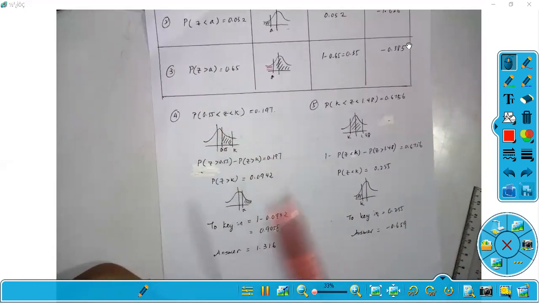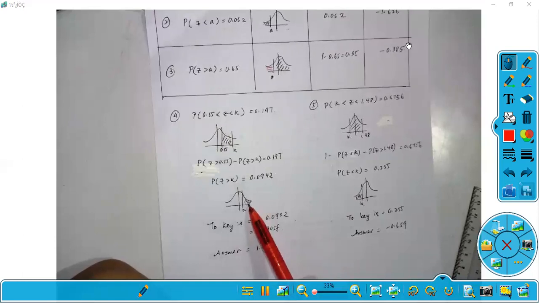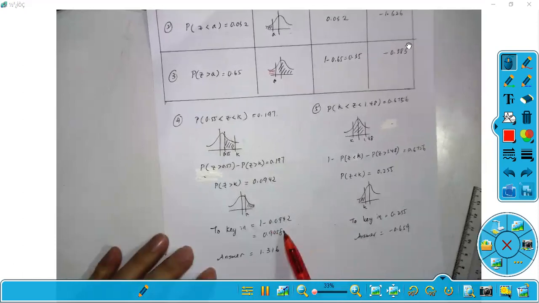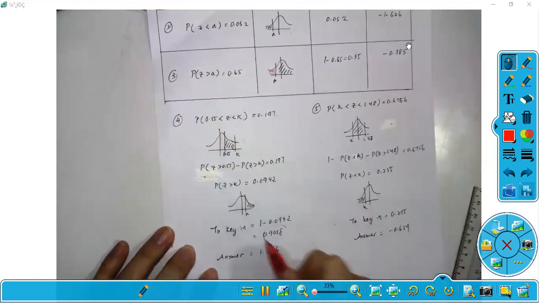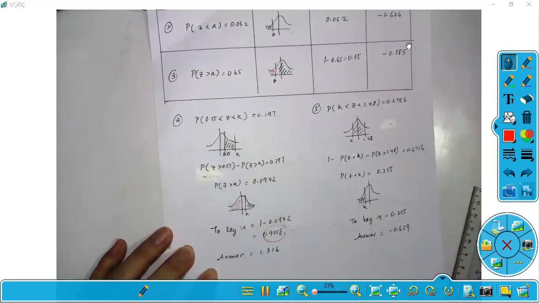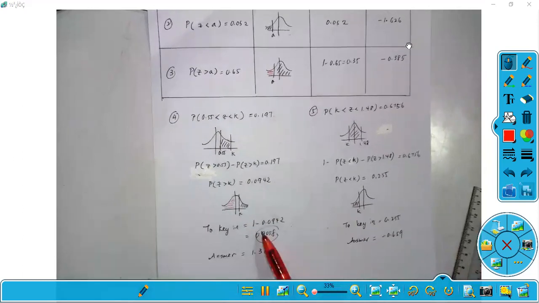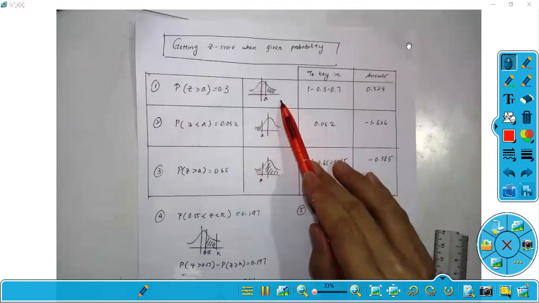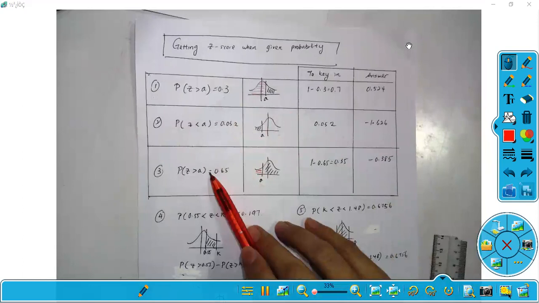Then we draw the graph. You see, it does not start from the negative side, so we have to do 1 minus to get the part which starts from the negative side. So we're back to pattern 1 actually. That's why these three are the main patterns.